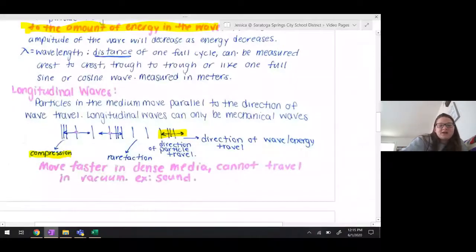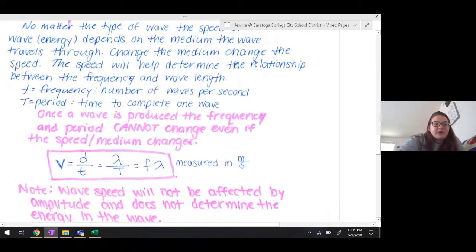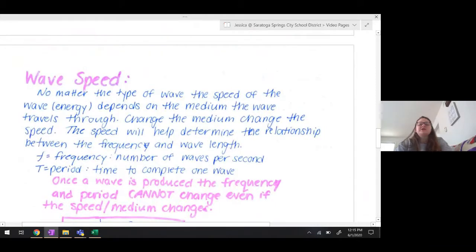All right. So now let's talk about this idea of wave speed. Okay, so wave speed. So this energy that's traveling is traveling at a specific velocity.